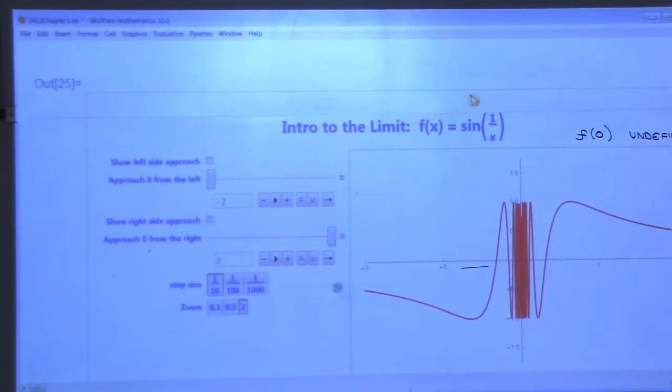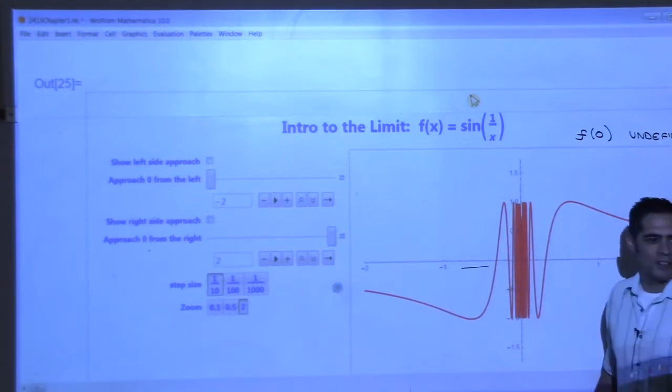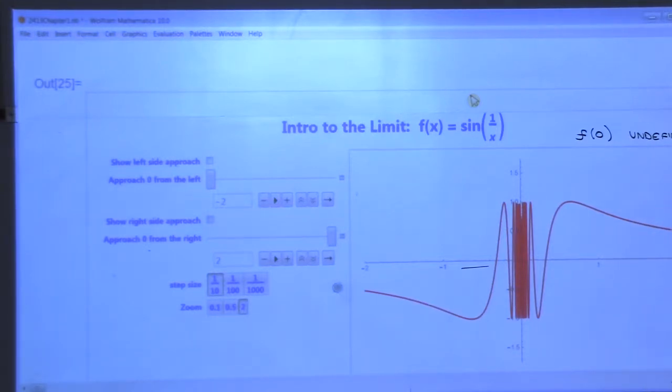Ooh. Look at this graph. Something very strange is happening here, right? We have entered the twilight zone, I guess. Let's come in from the left. Okay, here it comes.